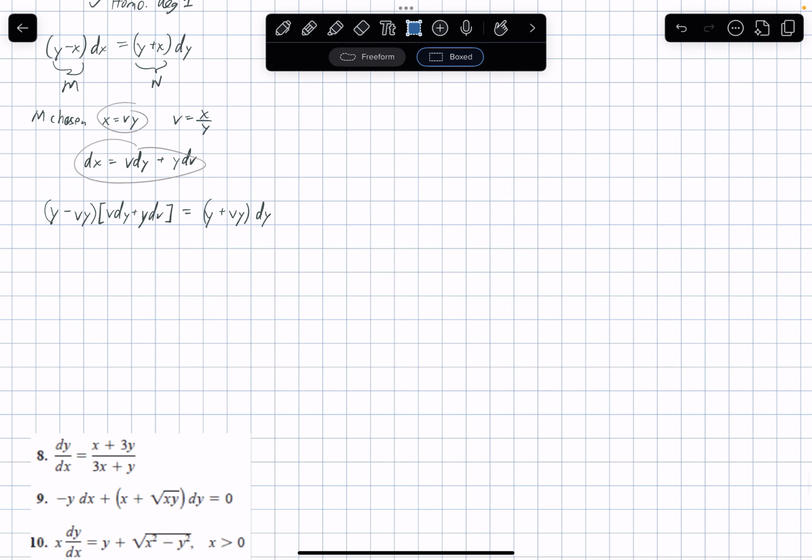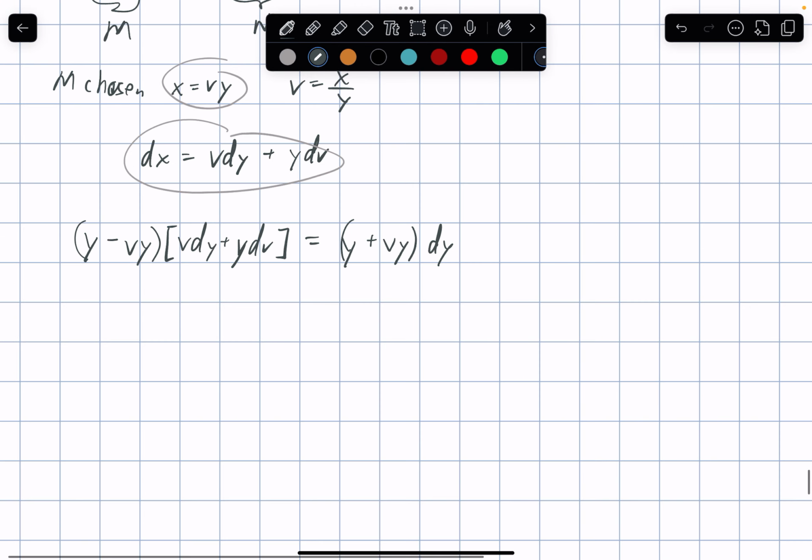Okay, simplify. y times 1 minus v, no, that's much more confusing.